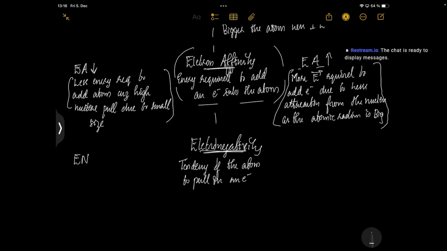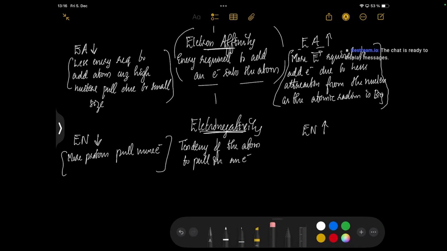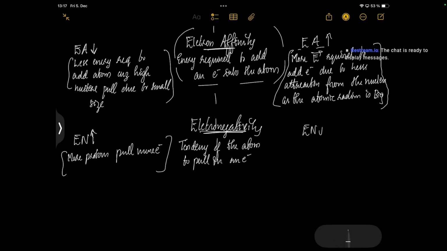Electronegativity, let's write EN, is higher for smaller atoms as more protons pull more electrons, or have the tendency to pull more electrons, while in the case of larger radius atoms, electronegativity decreases.